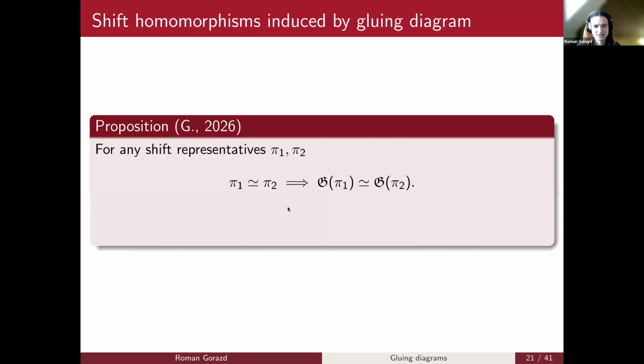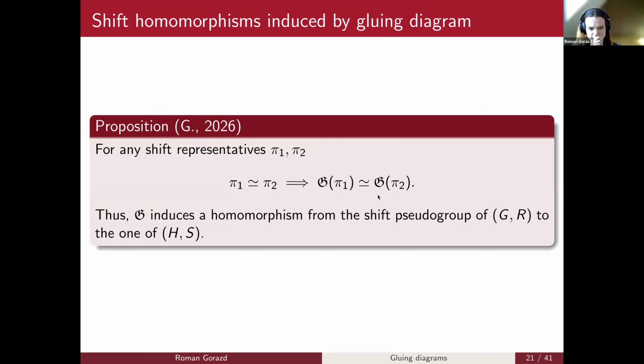And what's important is that if the representatives are equivalent, then their images are also equivalent, right? So we get a homomorphism of the pseudogroups of GR and HS.